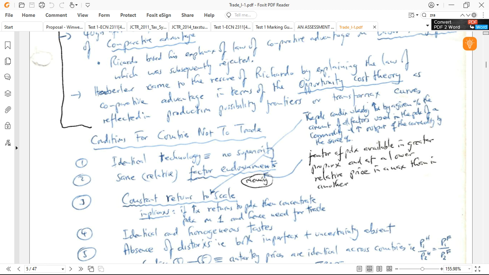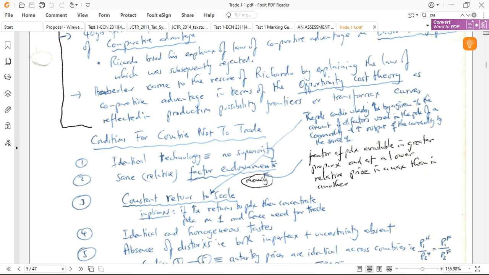So if we try to compete with those guys, we increase our production by 10%, we only get an increase in output of 10%, and then there's someone out there who has got increasing returns to scale. They increase their inputs by, let's say, 10%, the output increases by 50%, and then how can we compete with such people? Which means that only those countries that have got increasing returns to scale can properly engage in trade.